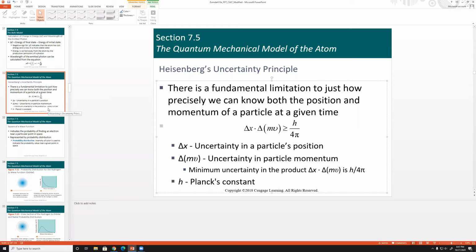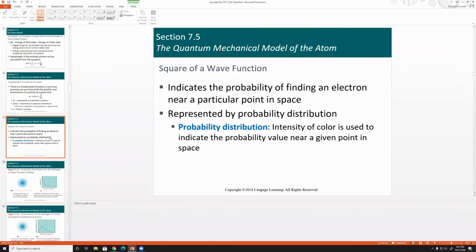That's what Heisenberg was getting at: you can't know both the position and the momentum, meaning speed, because momentum is mv. You can't tell both the momentum and the position of an electron at a given time, especially in electrons' cases where they're really complicated. But we can talk about that forever. Let's just stick to the basics.